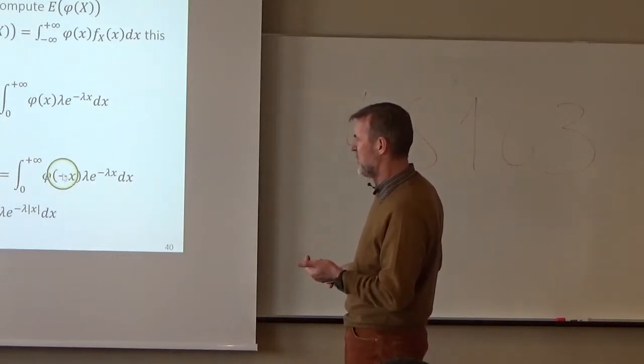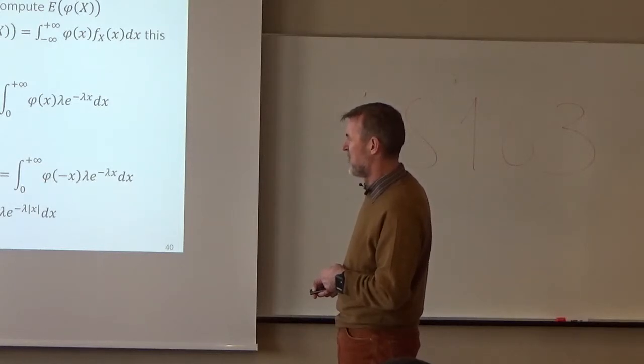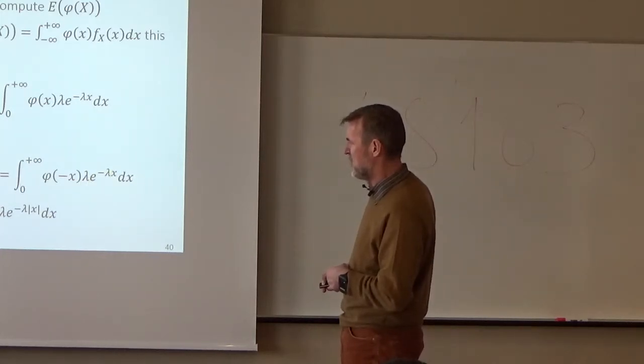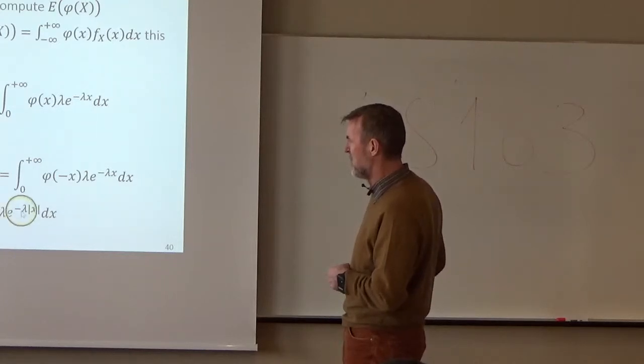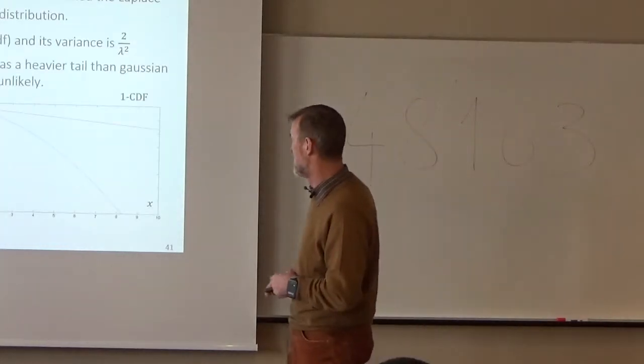Then I change variable in the integral, x to minus x. This is the same as the integral from minus infinity to 0 of this, so the x changes sign here. So this appears to be positive, but because x is negative, I make it obvious here by introducing the absolute value here. So I have the two conditional distributions.